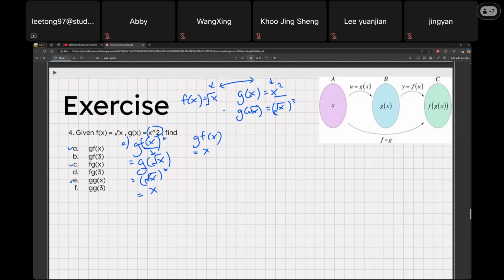Okay, so in question B, gf3 is, since here we don't have any calculation, 3. Okay. How about C? FGX, square root of 2.